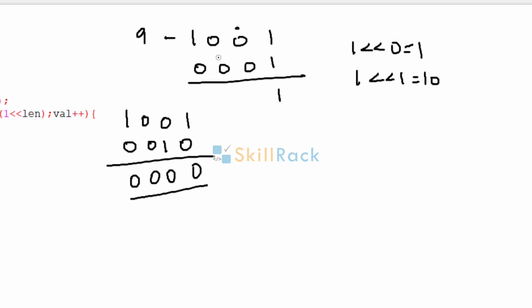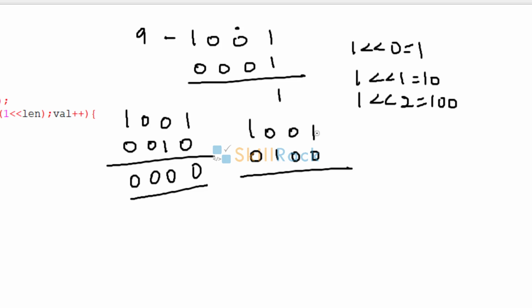Here it is 0. So now how to check that the third bit from the end is 1? So 1 0 0 1. You left shift it by 2. So it becomes 1 0 0. So now when you do a binary AND, it is 0 0 0 0. So now again you know the third bit from the end is also 0. You can verify that by looking at this. Now how to check the fourth bit from the end?